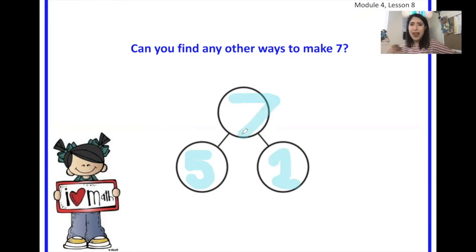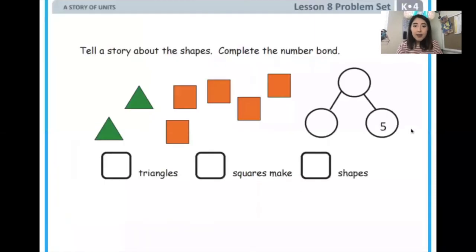Very good. So we have 5 and 2, 6 and 1, 4 and 3. Amazing job, guys. And that's it for today's lesson, I'm pretty sure, until we start talking about our problem sets.